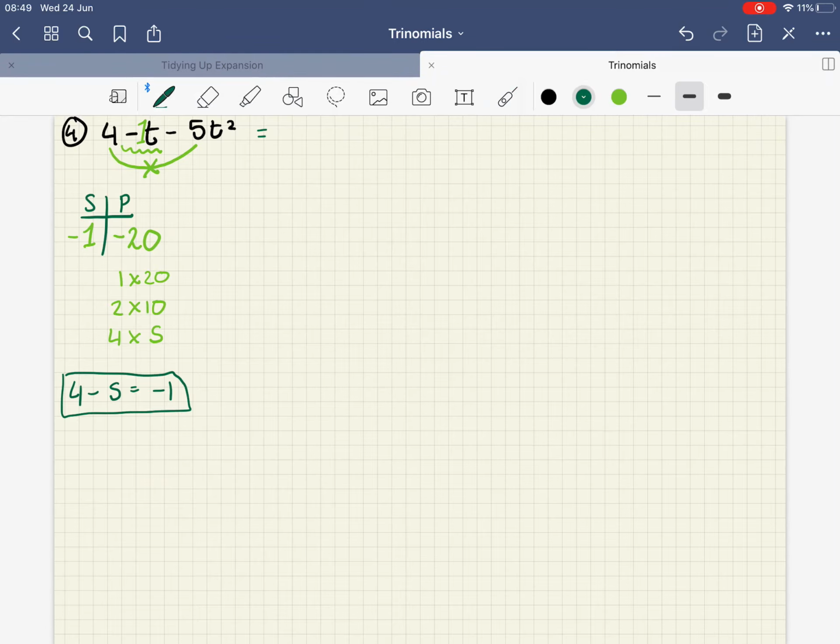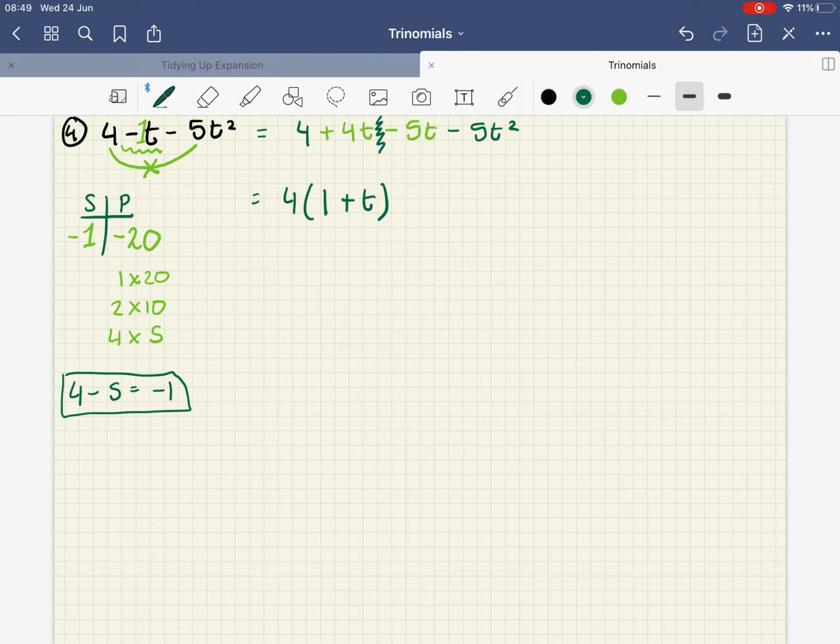Okay, so then splitting my middle term into what I've just found. So it's going to be plus 4t minus 5t, then minus 5t squared. Split it down the middle. Highest common factor here is 4. And inside the bracket will be 1 plus t.